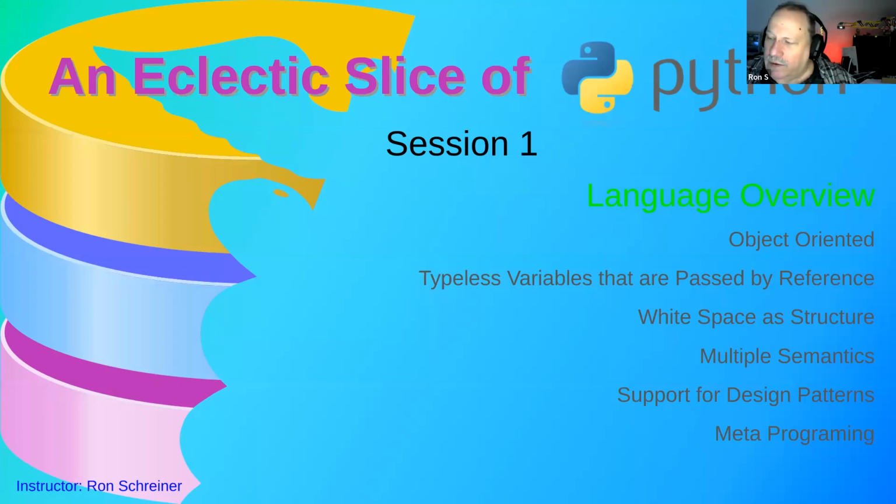Another thing we'll go on to about Python, and this is something that is a bug or a pet peeve of mine, is it's full of multiple semantics. Some of the examples of this are there's different syntax for normal statements.